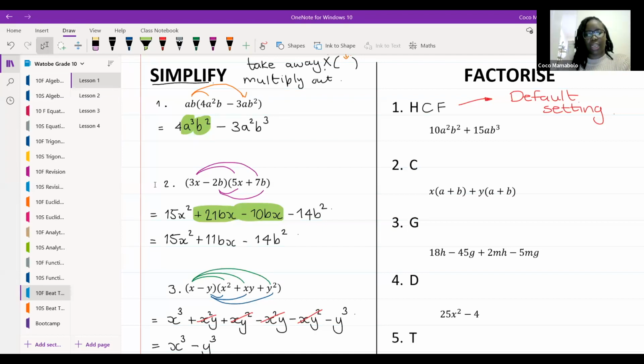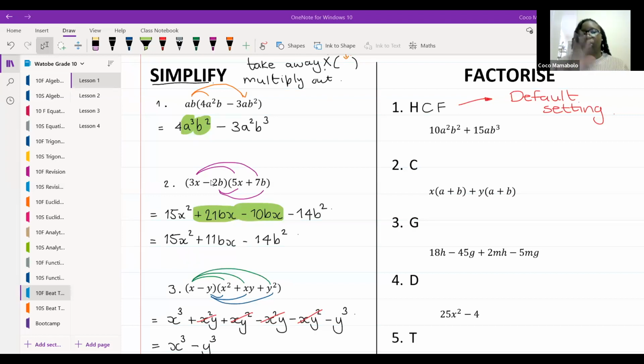Somebody said yes. Caleb, awesome. Caleb knows exactly what a default setting is. Excellent. So a default setting, have you ever bought a new phone? If you have, you know when you open a new phone, there is only a few things on there. There's nothing inside the phone. It's like you haven't installed your Instagram and your Twitters and your TikToks and your Snapchats or anything like that. The phone only has its default settings.